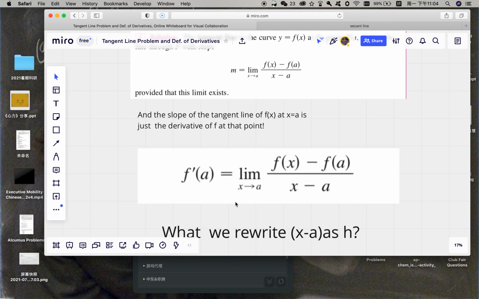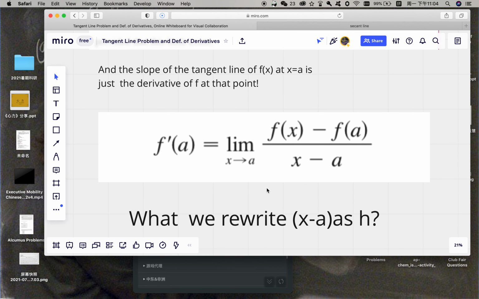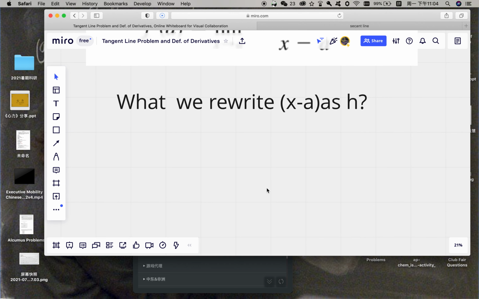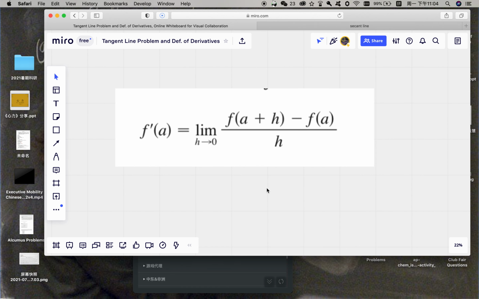As x gets closer and closer to a, h gets closer and closer to 0, and since x minus a equals h, we can say that f of x equals f of a plus h, since x equals a plus h. So here's the other equivalent definition of derivatives.